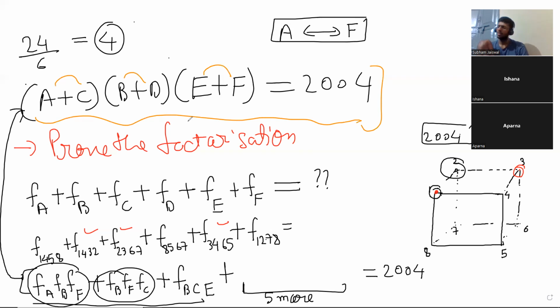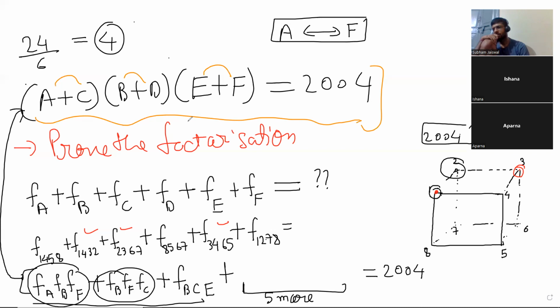Aparna, can you say that in words if it's possible? Why is this the factorization? Sir, what I did was, in 4 terms there was A common, and in 4 terms there was C common. So when I took A out of it, I got 4 terms, which were the same as when I took C common in the other 4 terms.